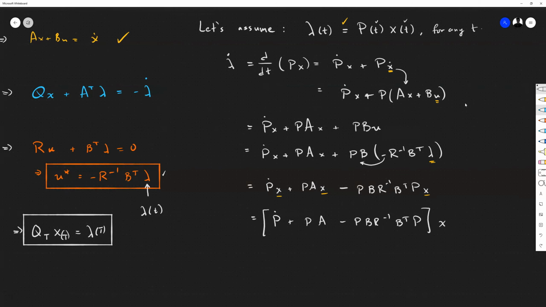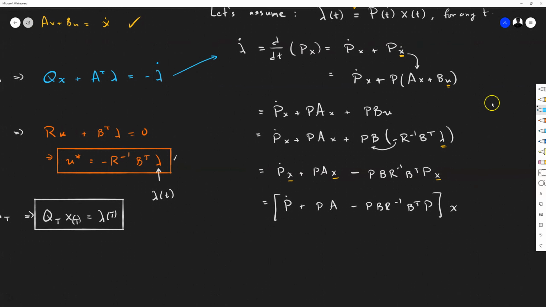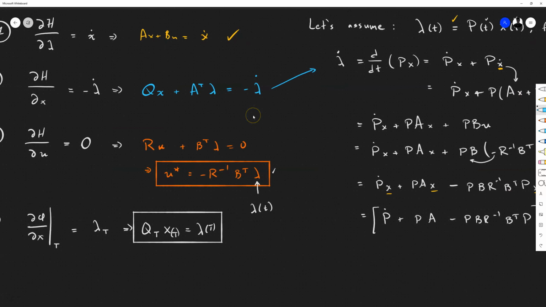But we know what lambda dot is from here as well. So let's plug this guy in. We know lambda dot is already equal to this guy, and we already know lambda is equal to p times x. So what this is saying is that negative lambda dot is equal to q plus a transpose p times x. Again, they're both linear functions of x.